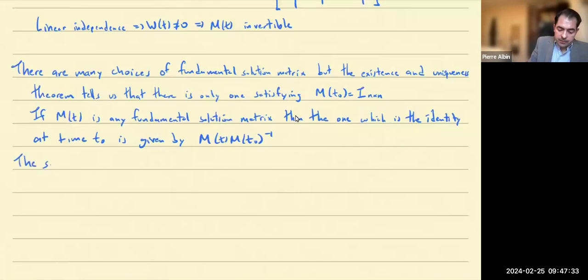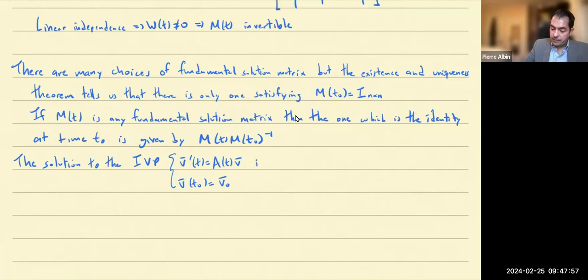The solution to the initial value problem, where you have v bar prime of t equals A of t times v bar, and initial condition at t naught equals v naught bar, is given by v of t equals M of t times M of t naught inverse times v naught bar.